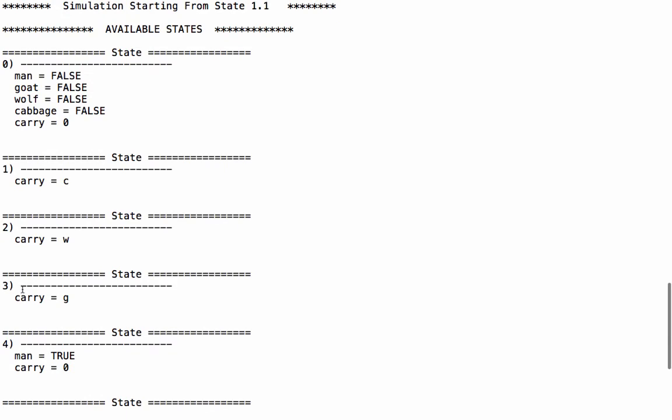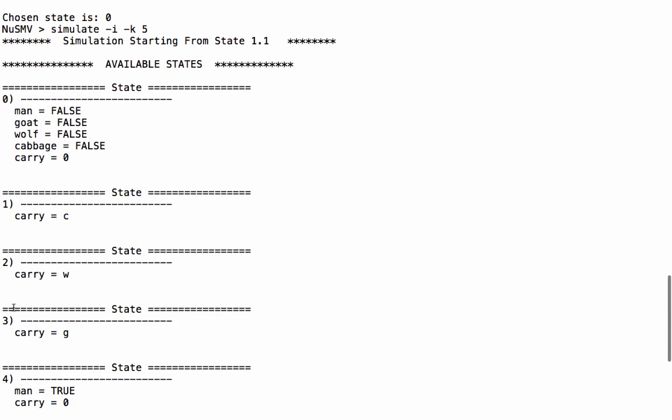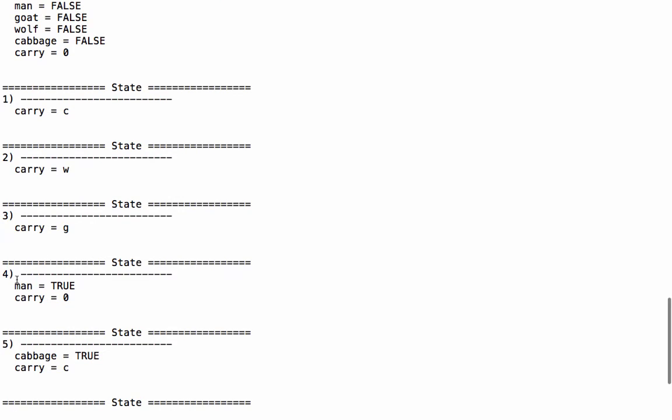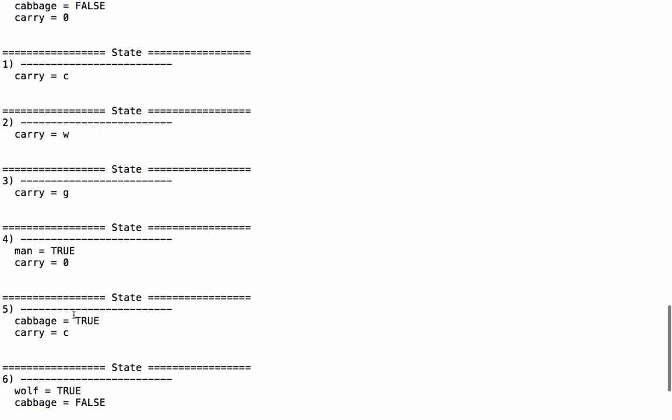These are all the situations where carry is assigned to something, but the man chooses to stay here. Now this state is where man moves to the right bank without carrying anyone. This is the state where man moves to the right bank by carrying the cabbage.